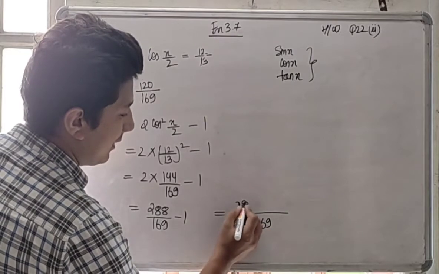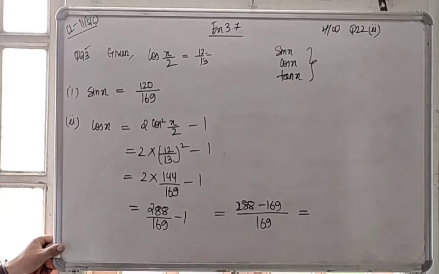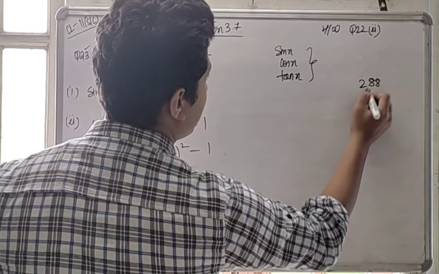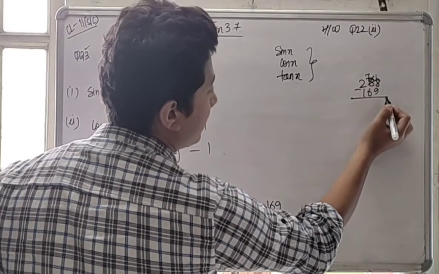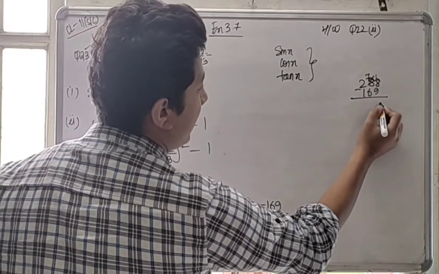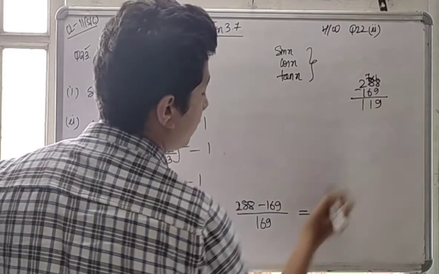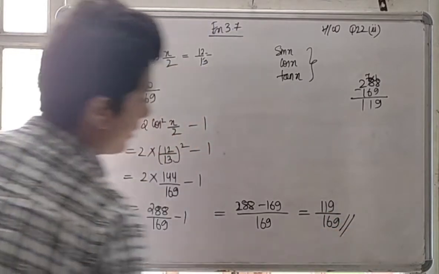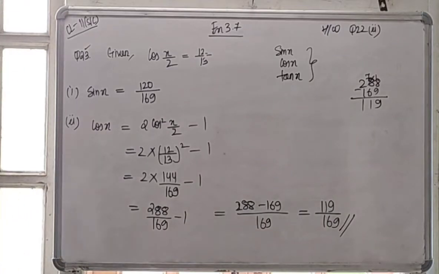So 288 minus 169. What is the difference? It is 119. So isn't it 119 by 169? Please check the answer. The value for cos x is 119 by 169.